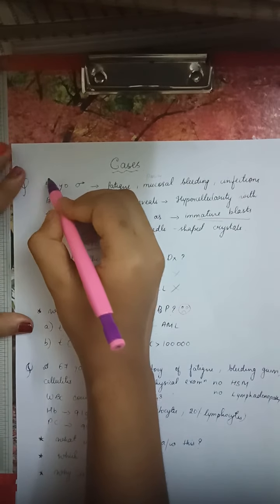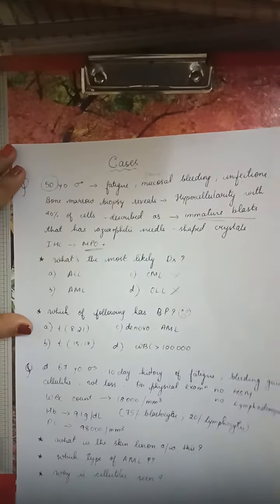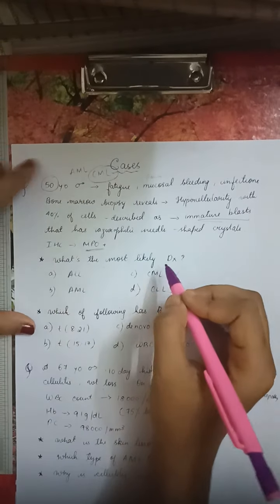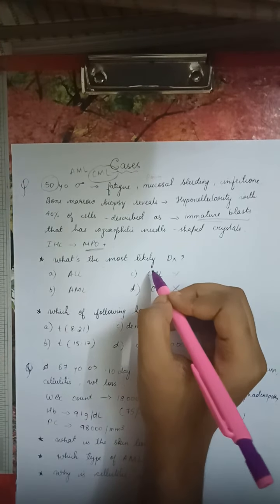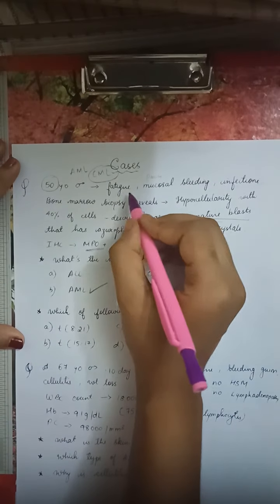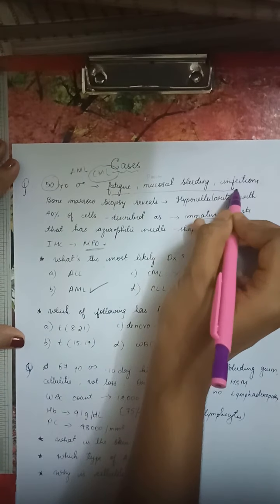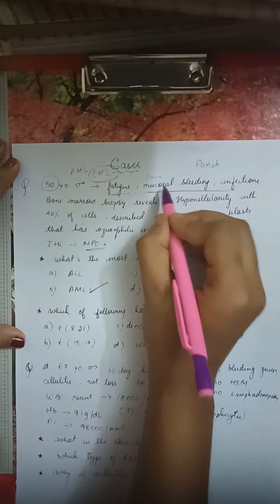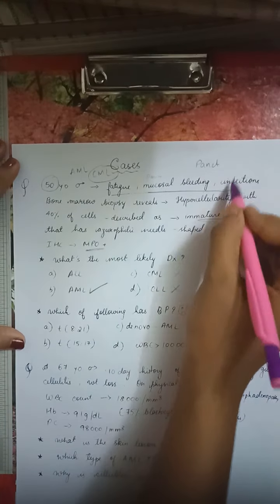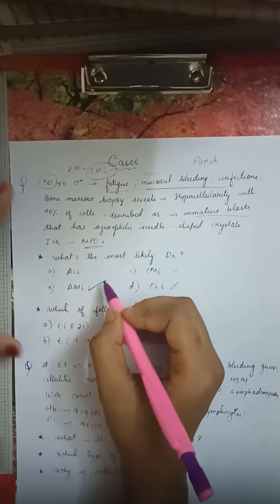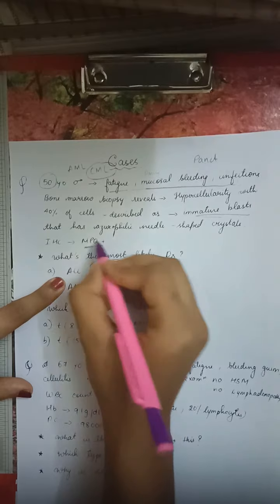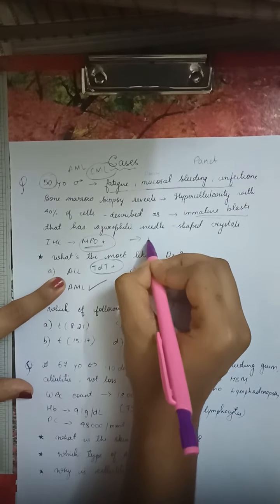I told you the first hint is age, so at 50 it should be either AML or CML, and we ruled out CML. So we got the answer as AML. Fatigue and all these features are of pancytopenia, and mucosal bleeding is also seen in AML. If it was ALL, they would have given TdT positive. They have given MPO, so it is mainly M3, or it can be M4 also.